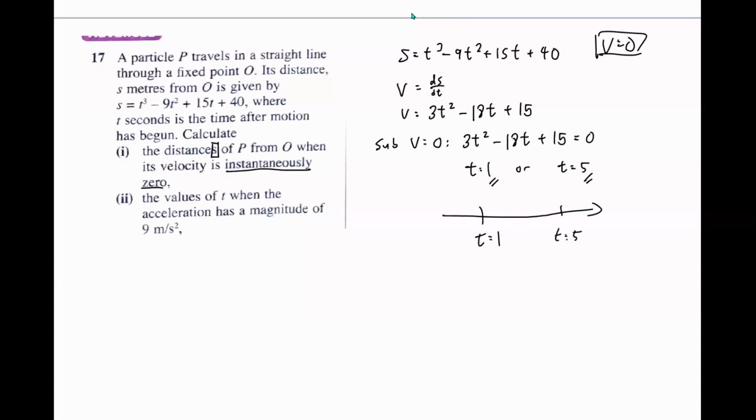What do we want? We want distances of P from O when its velocity is 0. Okay, when t equal to 1, when t equal to 5, find distance of P from O. Because it's a distance question, we need to draw the snake diagram. What's the 4 steps? Step 1 is here, sub v equal to 0.